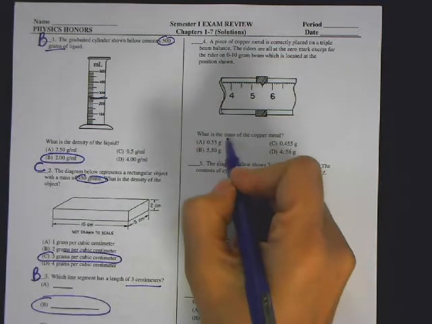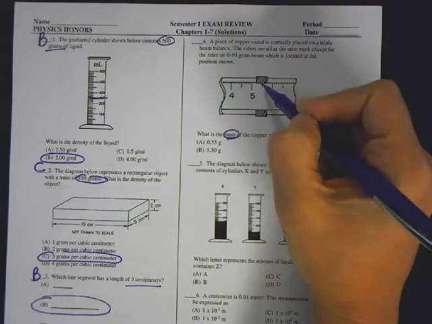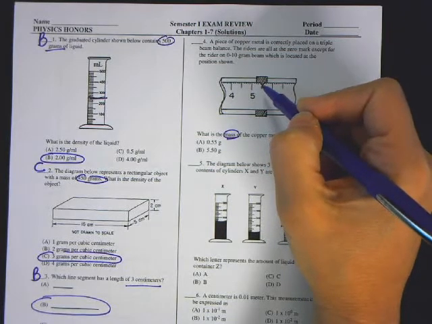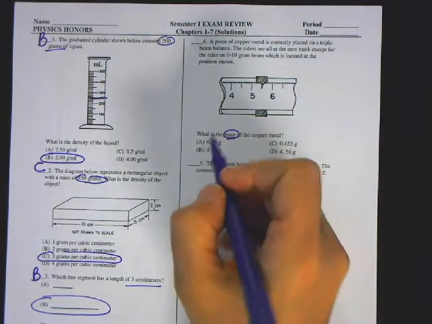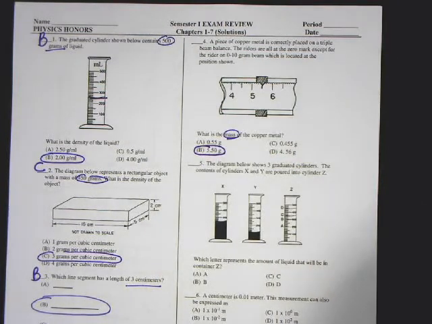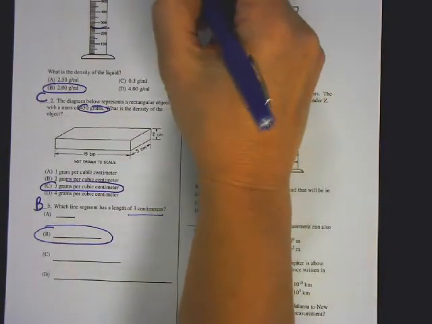So we want to find the mass. When I look at this, it says 5.5. But then, because it's right on the line, that means we're going to say 0. So the correct answer is 5.50. If it was in between, then it would be like 5.55. This one's kind of difficult to read, especially when it's tiny. So the answer here was B.